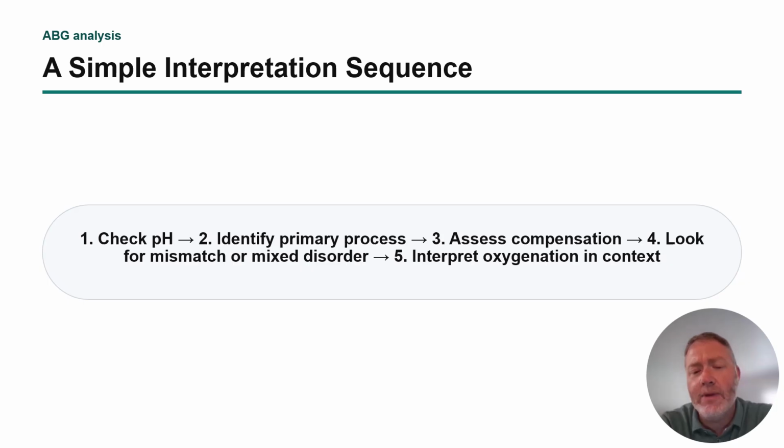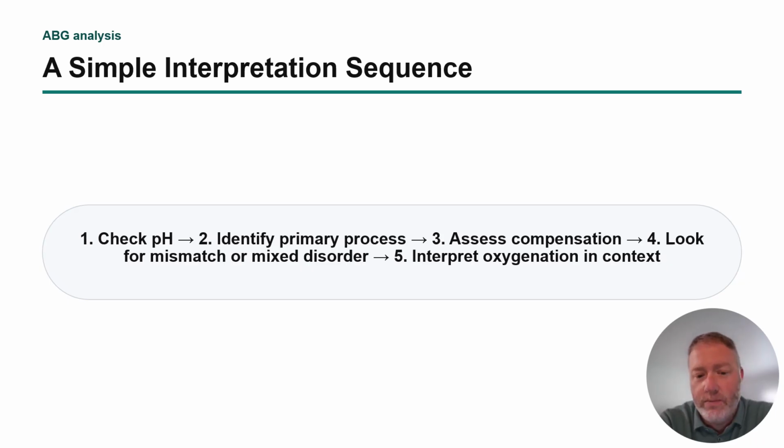Those are more common than you think, and they don't rule anything out per se, but they can help to identify if there's an additional issue, like if you're treating for a respiratory acidosis, but there's a metabolic component as well.